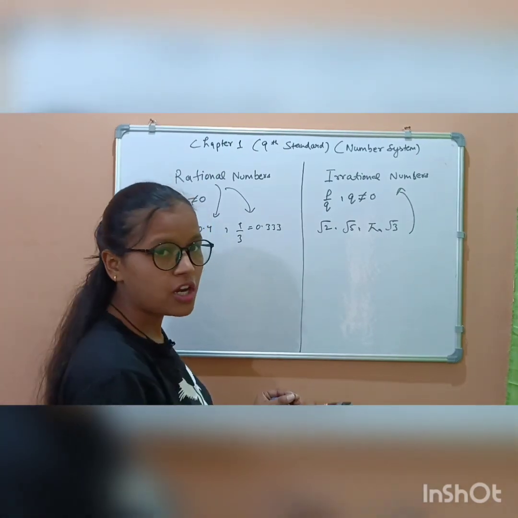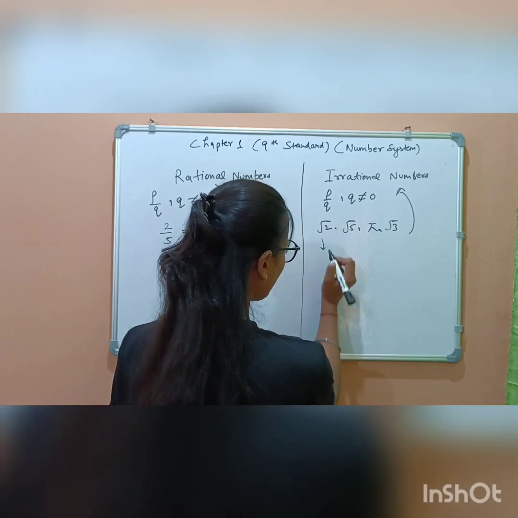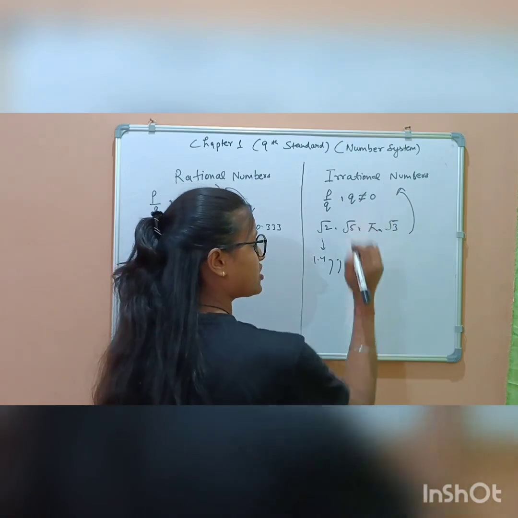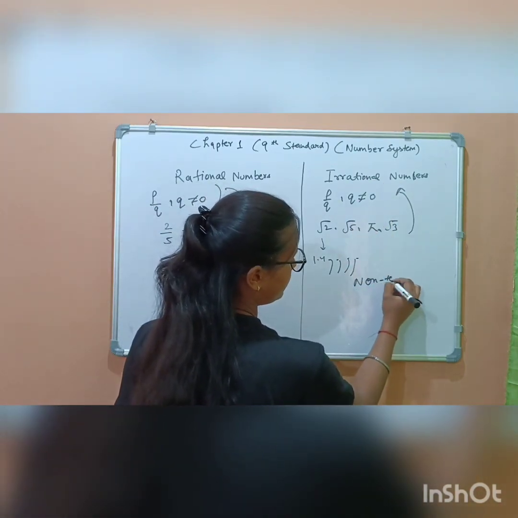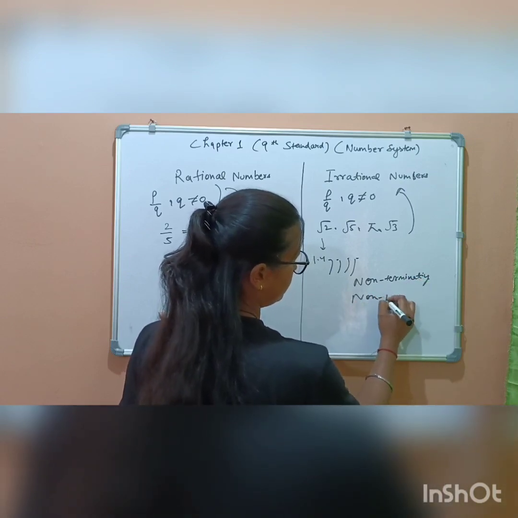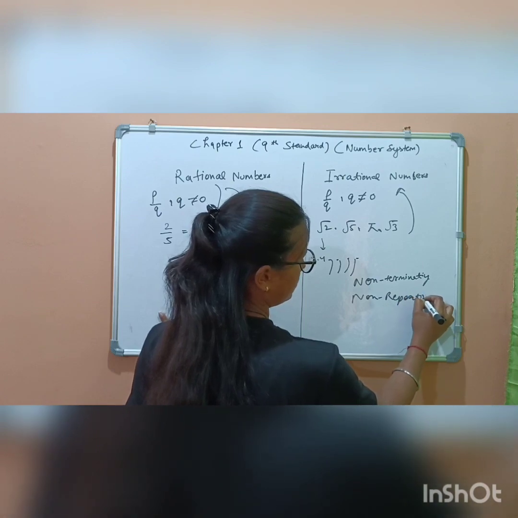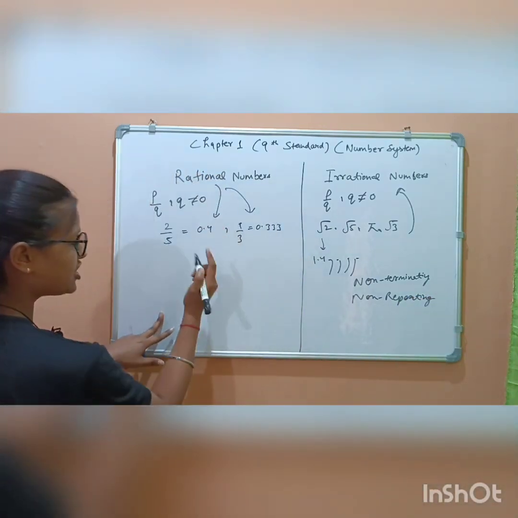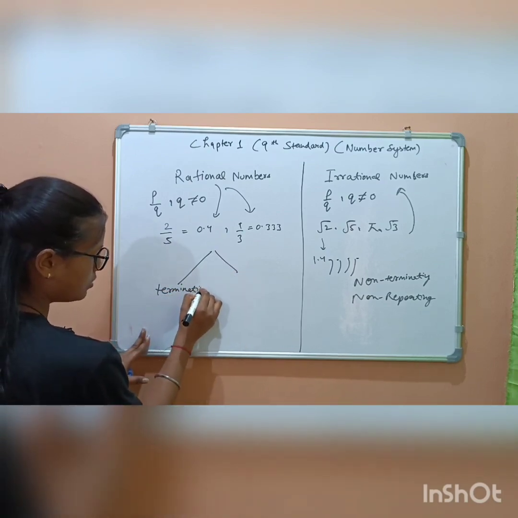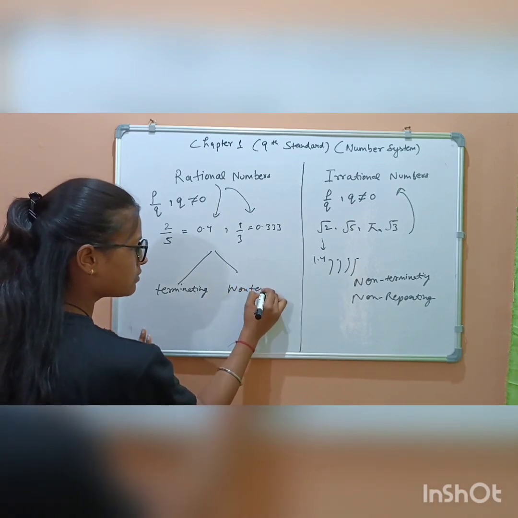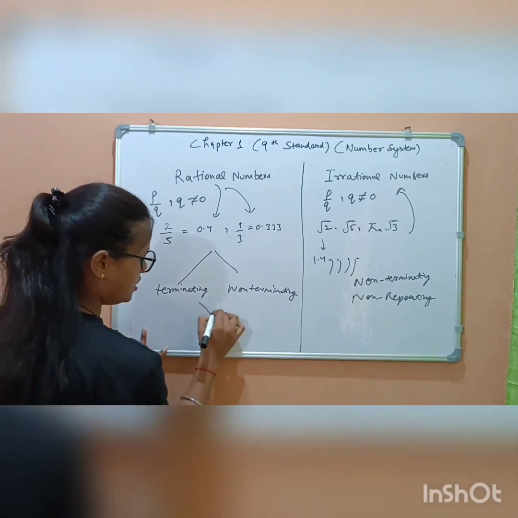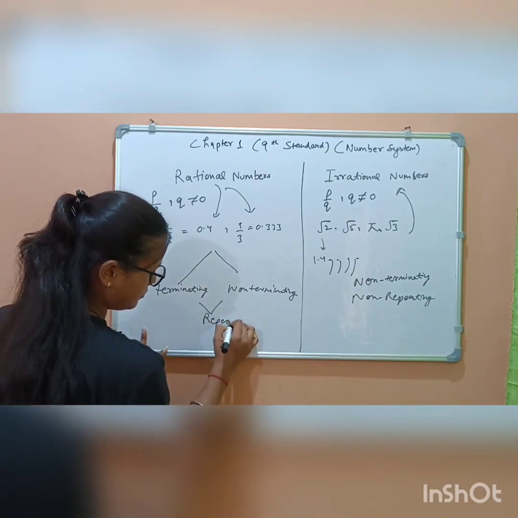These numbers do not have a fixed value, that is root 2 is going to be 1.4 something something something, non-terminating, non-repeating. Irrational number is always non-terminating as well as non-repeating. Rational number can be terminating or can be non-terminating, but one thing must be there, that is numbers should repeat.